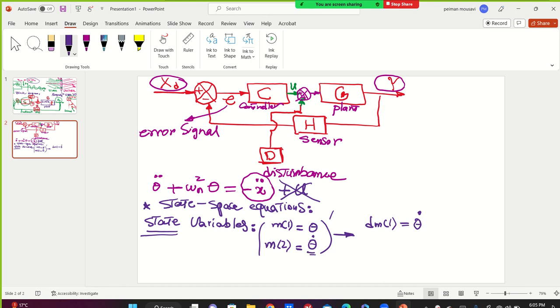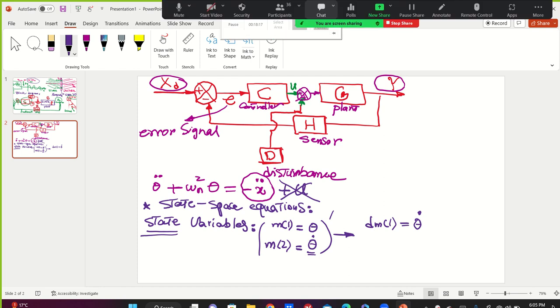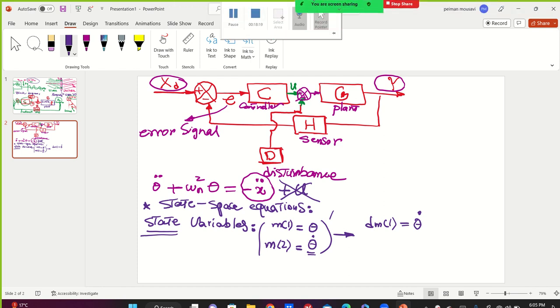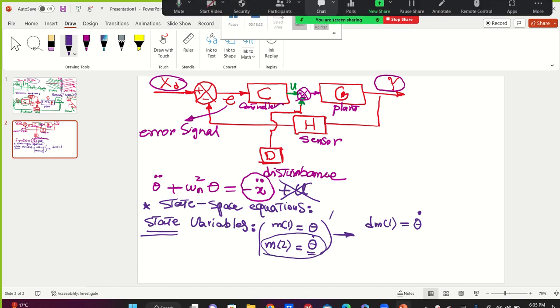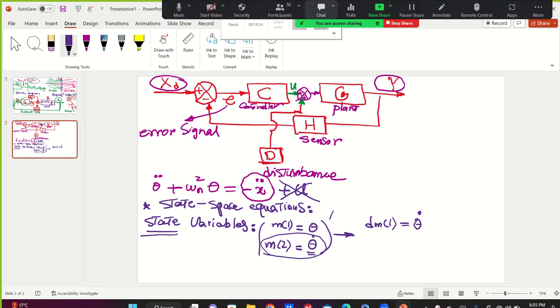And what is theta dot? You let me know. What is theta dot? Yes, it equals m2, because I'm going to type this in MATLAB exactly.